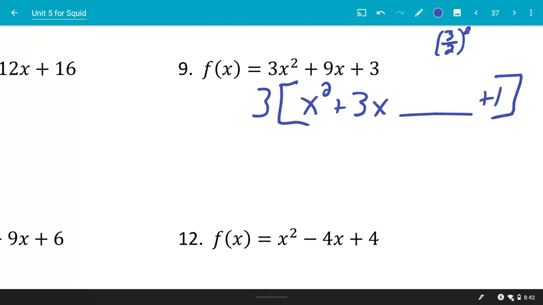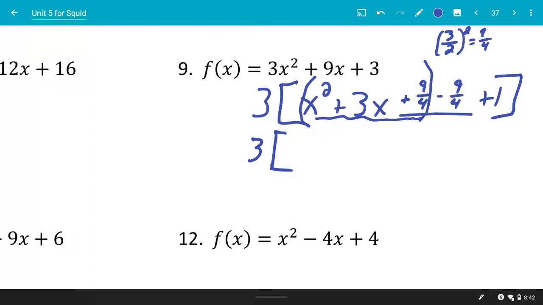I'm just going to square it. So 3 squared is 9. 2 squared is 4. So I'm going to add 9 fourths, subtract 9 fourths. This is still a perfect square trinomial right there. So bring down that 3 and then factor this perfect square trinomial, which is x plus 3 halves quantity squared.